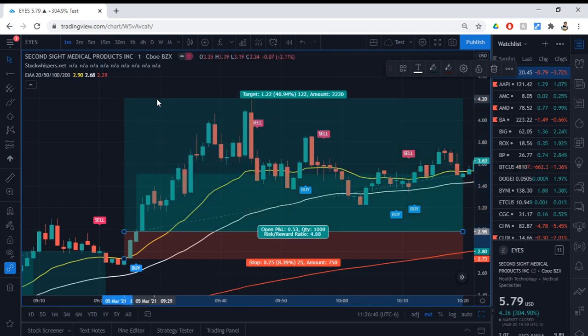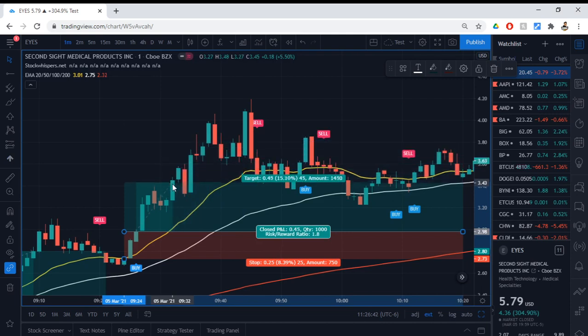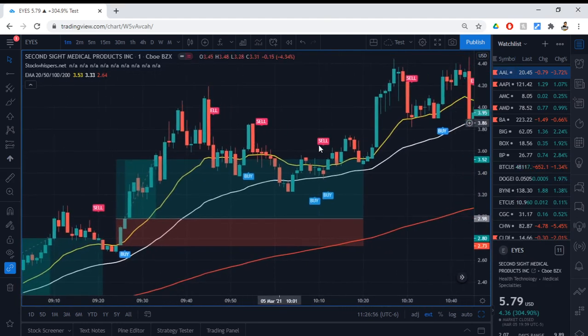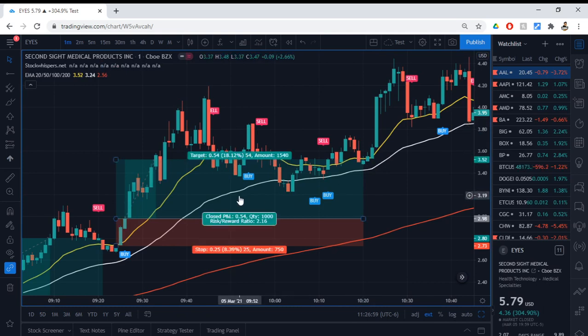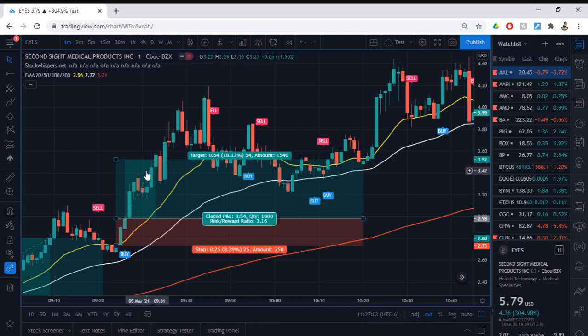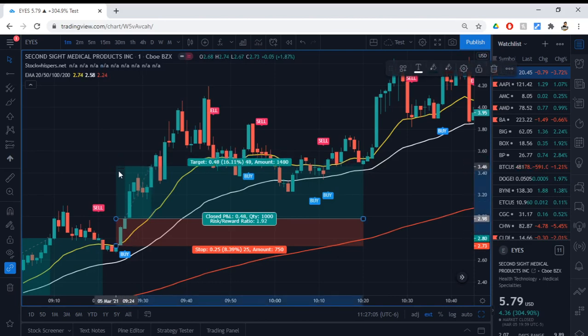Up at the max, you were up 40%. Then we got down here, you're up 15%. Then you got another buy signal. Okay, now you're getting another sell signal. And you're watching this and you're getting multiple sell signals here. So sell, sell, sell. This buy signal just got stopped out. You're still in the trade from right here.